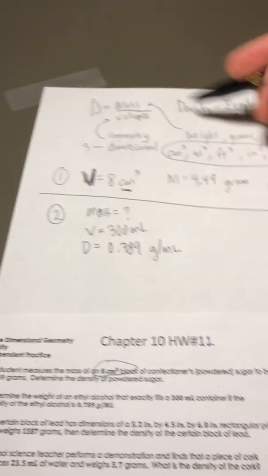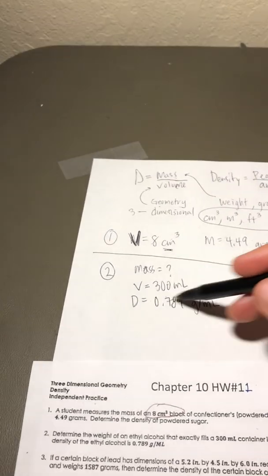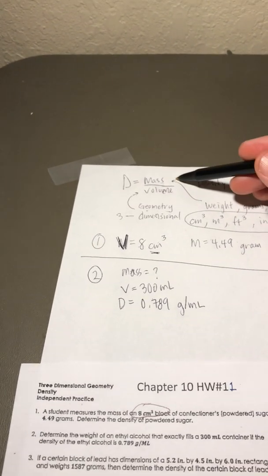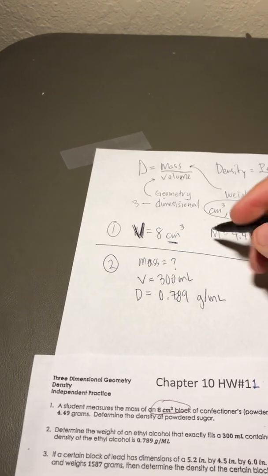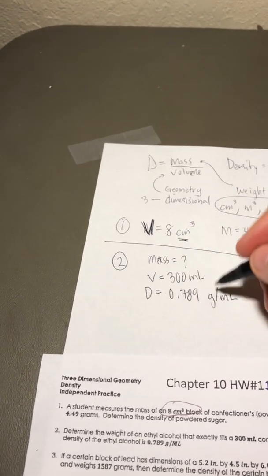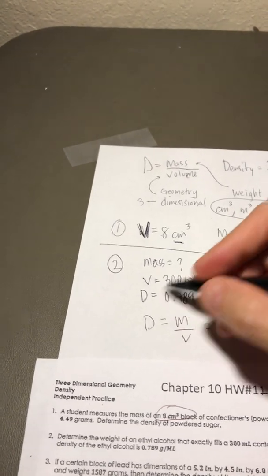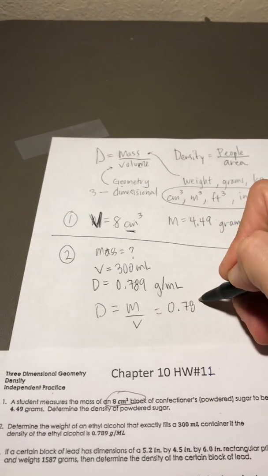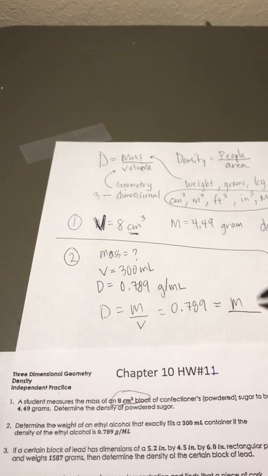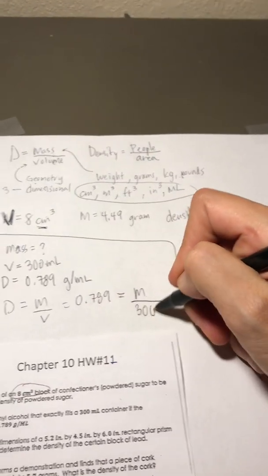So once again, this helps me out that density is equal to the grams divided by the milliliter. So if the density is equal to mass over volume, and we know the density is equal to 0.789, we don't know what the mass is, but we know the volume is 300.